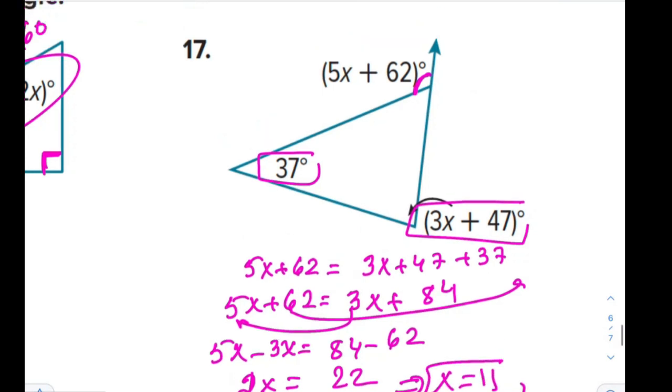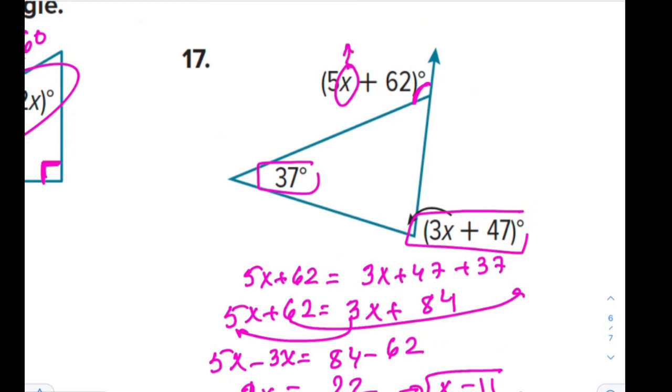Then x is 11. You replace 5 times 11, 55 plus 62 is 117. So this is 117. Replace here 3 times 11, 33 plus 47, which is 80. And everything is fine now.